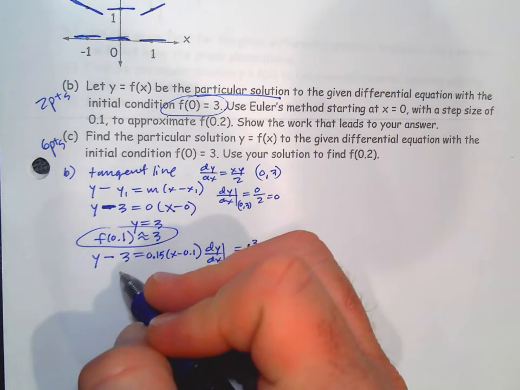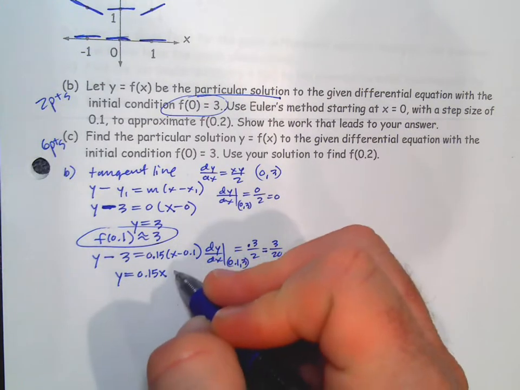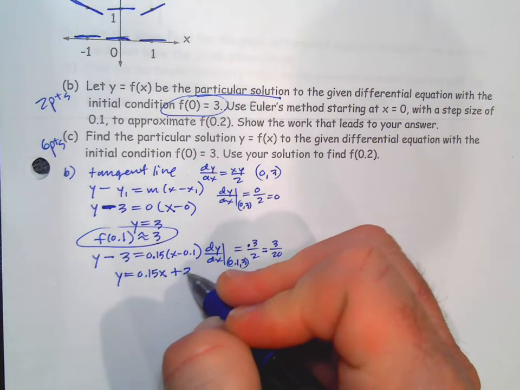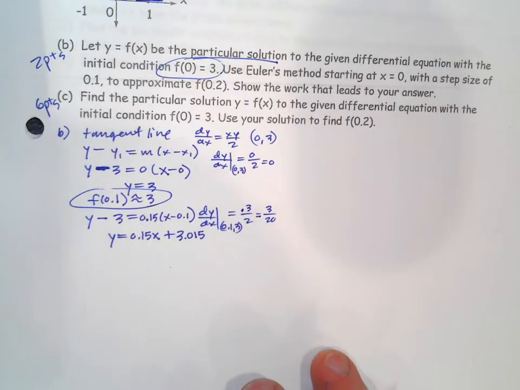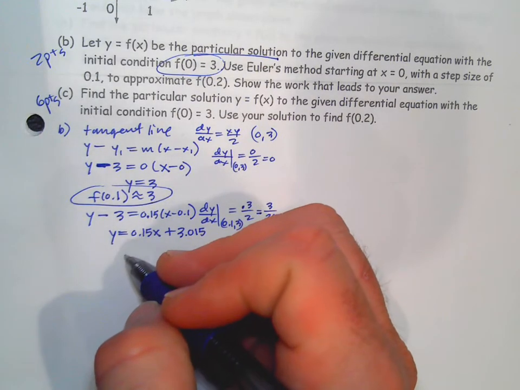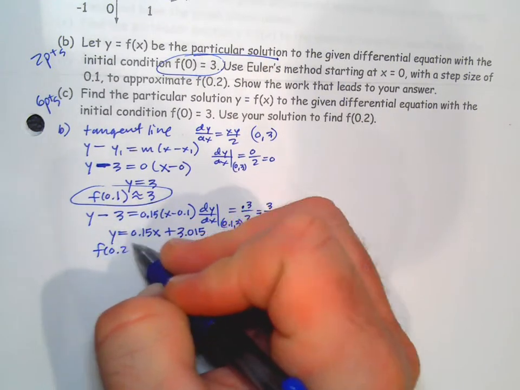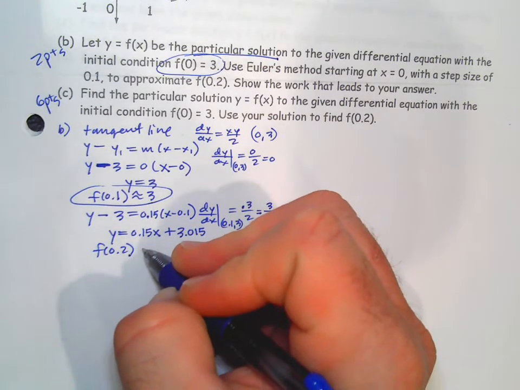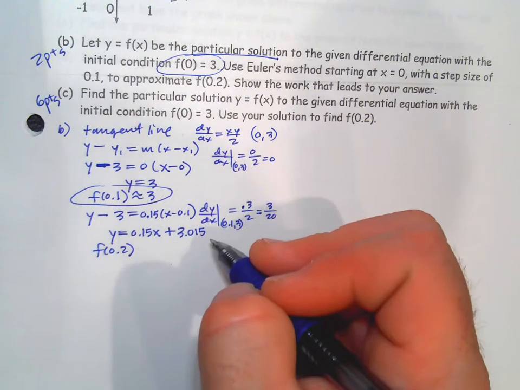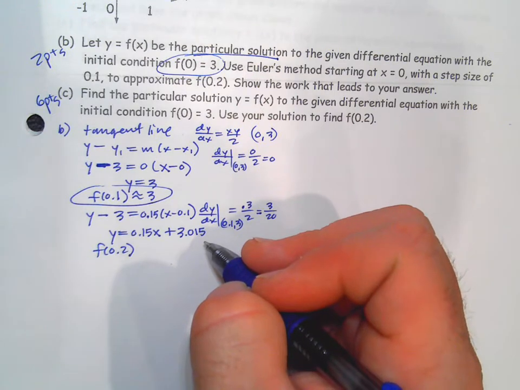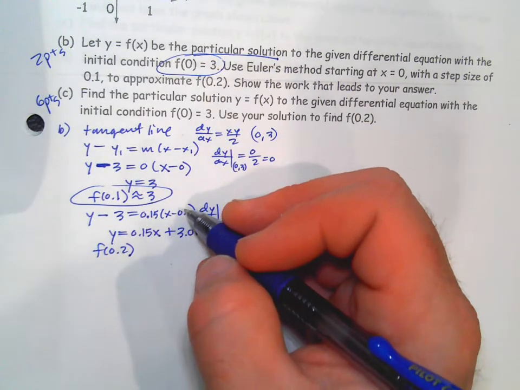So slope intercept form would be 0.15x plus 3.015. Okay, maybe pull this off without a graphing calculator. So then we're going to plug 0.2 in. Let's see. I'm just trying to make sure I do this right.